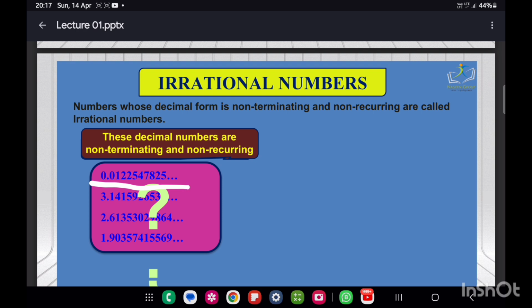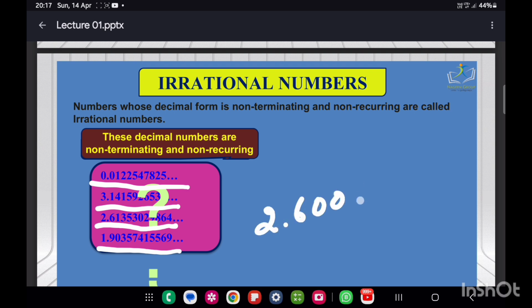See this one, it is not ending, it does not have a perfect value. This is also 3.14, the pi value, and this is also 2.61 and 1.90 something, whatever it may be. 2.60012, we can't get the value. So these are all called irrational numbers.